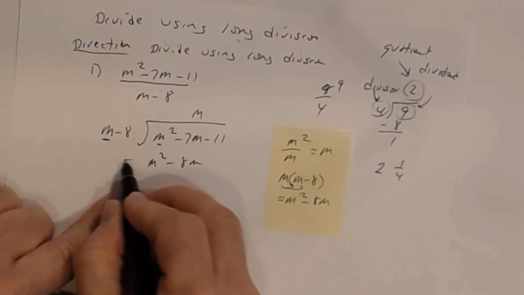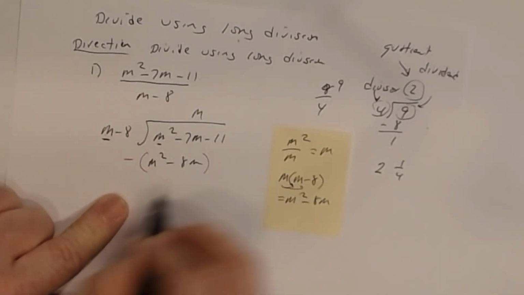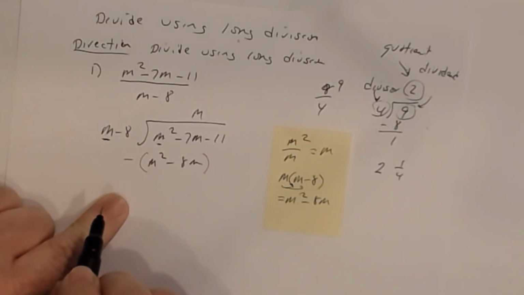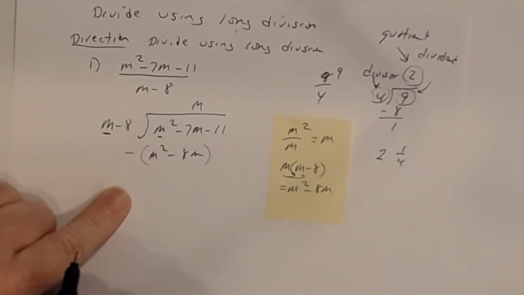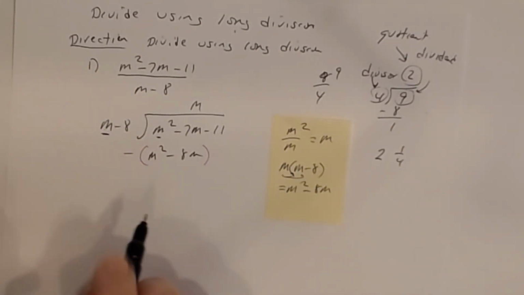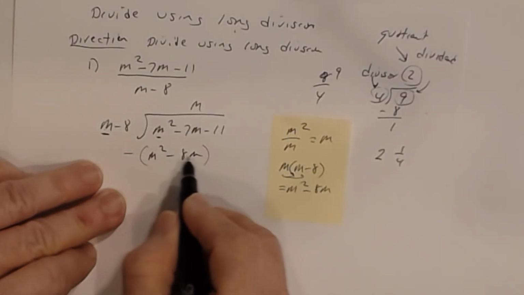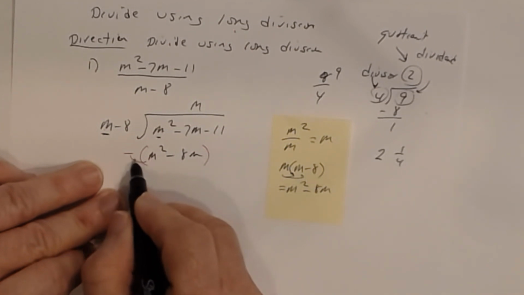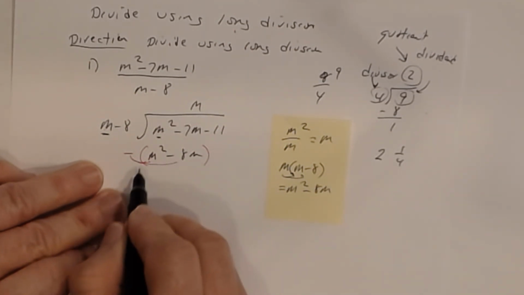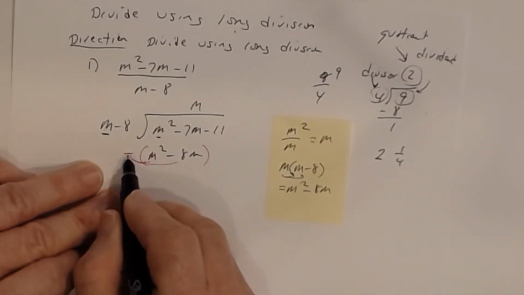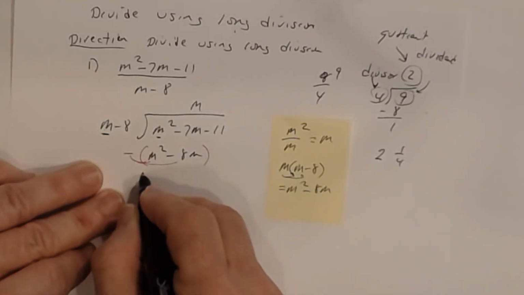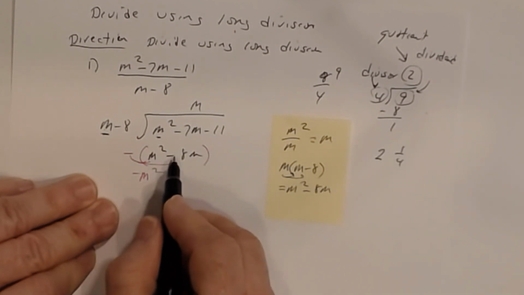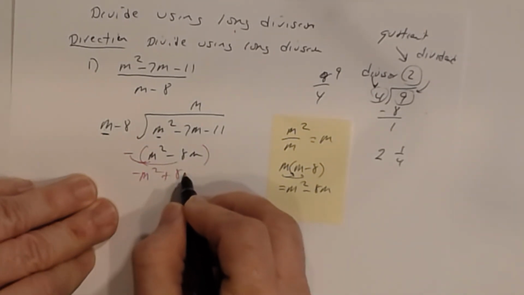So you're going to say subtract, but put that in parentheses, because you're subtracting all of these terms. Now here's what I would do. There are a couple of ways you can think about this. When I subtract this, what this means is you're taking the opposite. So the opposite of m squared is negative m squared. The opposite of a negative 8m is a positive 8m.